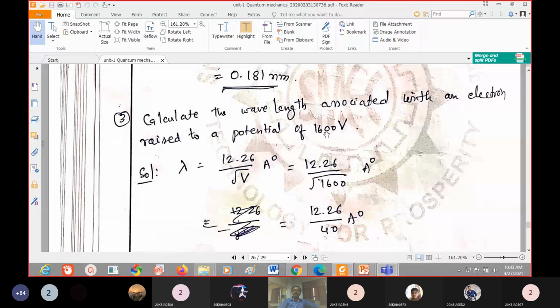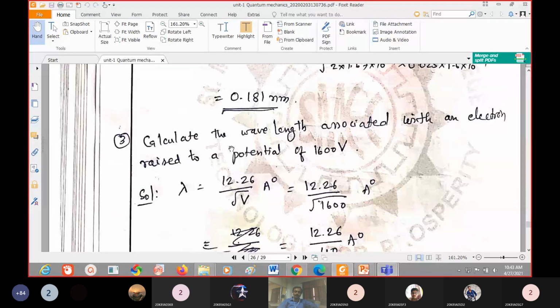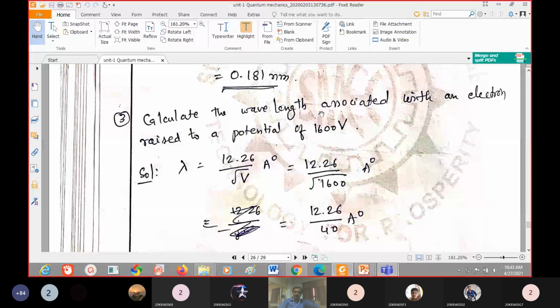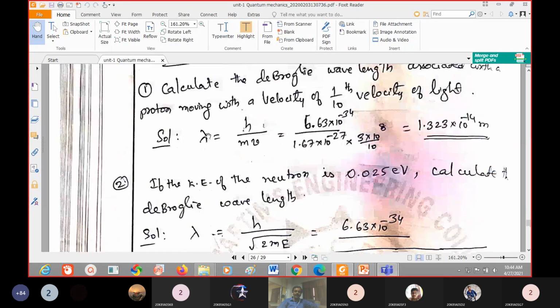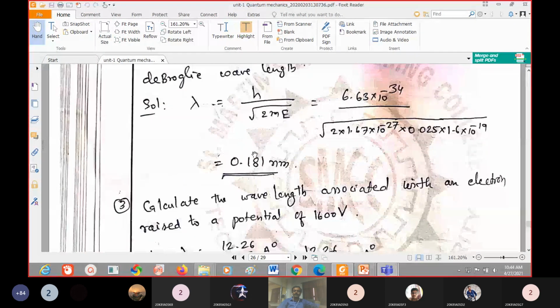Here the voltage is given, and we have to calculate the wavelength. The formula is the same: lambda is equal to h by p.